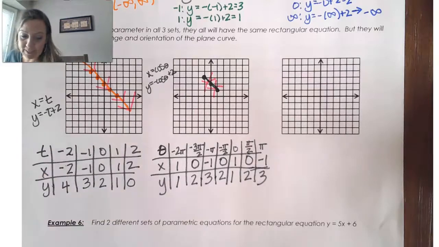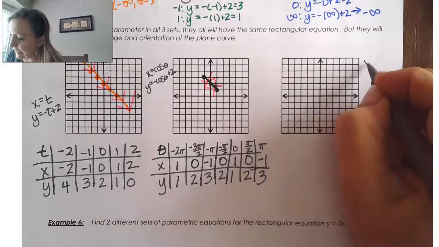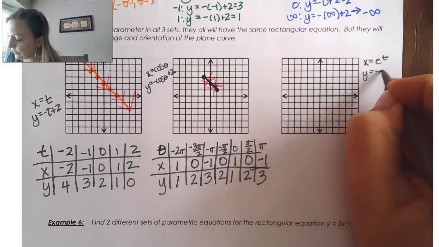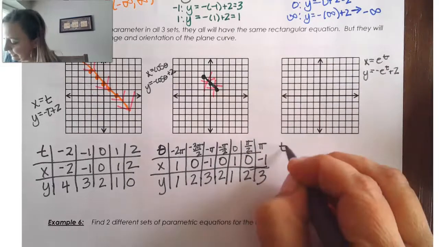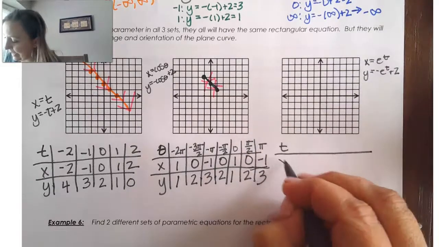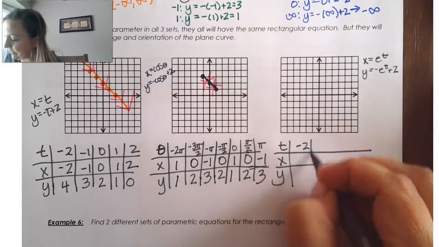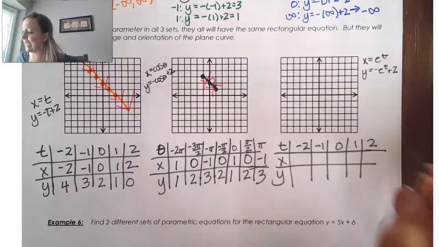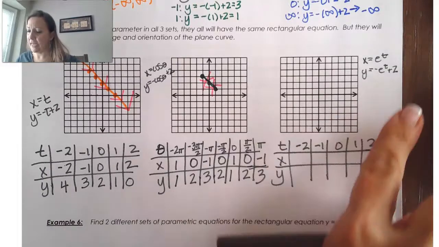In this last one here, remember we had that x equals e to the t, and that y was the opposite of that, plus 2. So we can go back to the t's. And again, you're allowed to have negative exponents. I'm just going to substitute the value in the calculator.